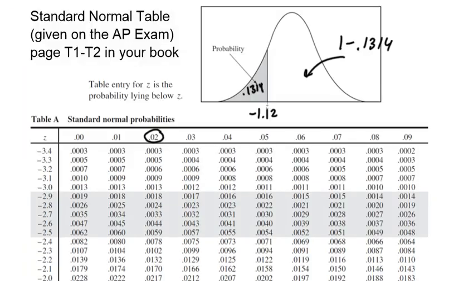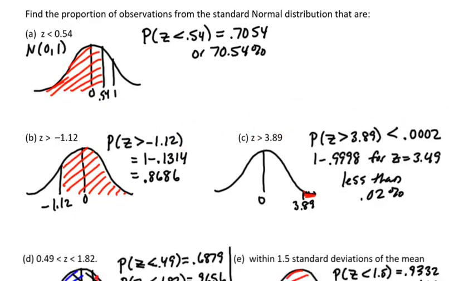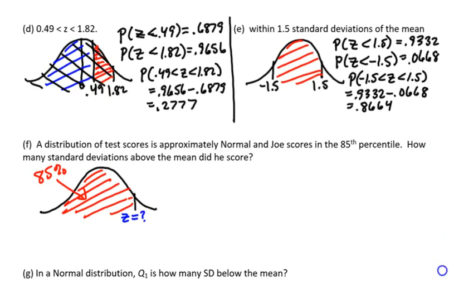So I'm going to go back here and I'll just write the answer here. So z is equal to 1.04 approximately.